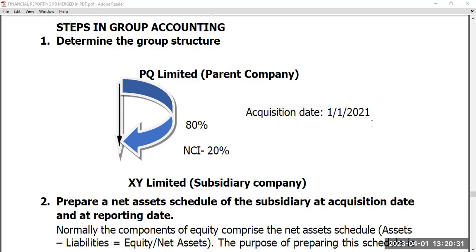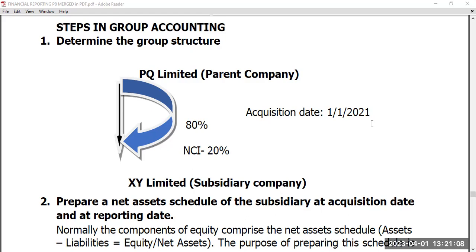That's what we are going to look at in part 2 of this video, because I don't want to make it too hard for you. This is something we need to understand, because there is no way you are going to pass any question on group accounting if you have not mastered these steps. Sometimes they will not ask for the combined financial statements. Sometimes they may ask you for these workings: calculate the goodwill, calculate the post-acquisition earnings.